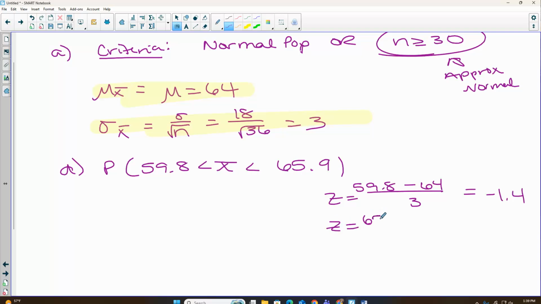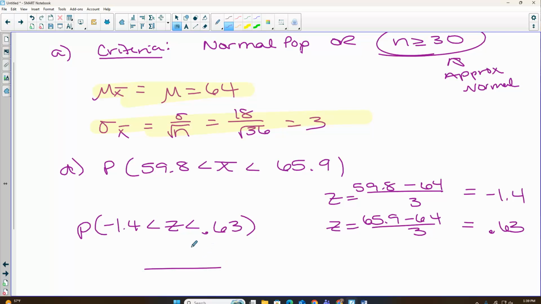This one, 65.9 minus 64 over 3, so we would get 0.63. So we need the probability that z is between them.